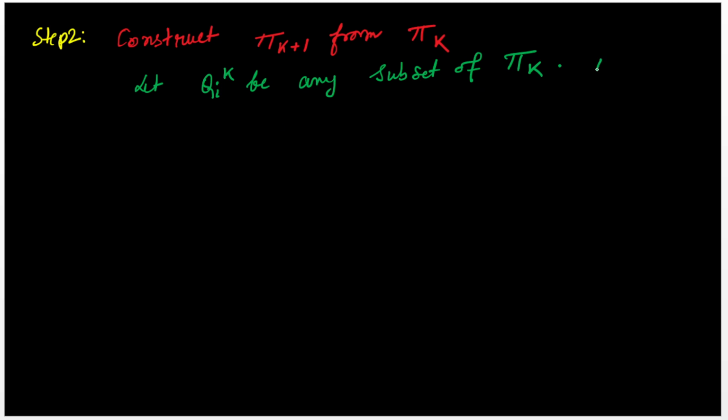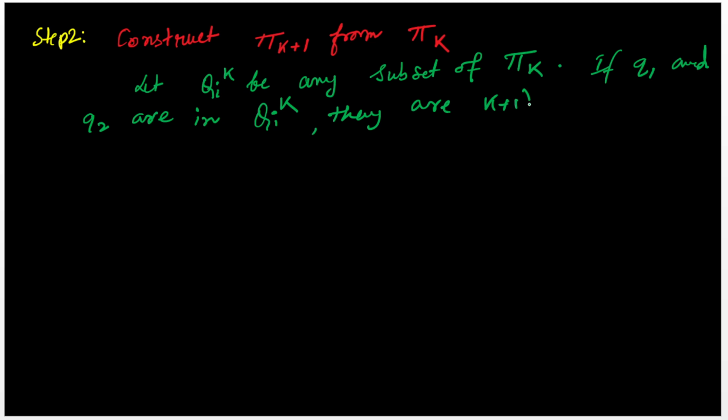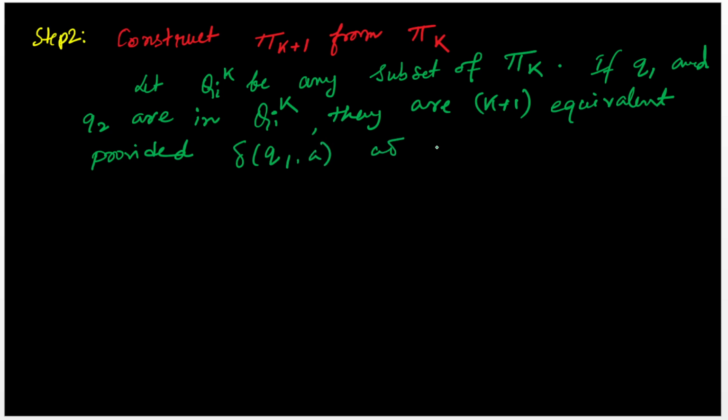If q1 and q2 are in Q i k, meaning two states q1 and q2 belong to this subset, they are k plus 1 equivalent, provided delta(q1, a) and delta(q2, a) are k equivalent.